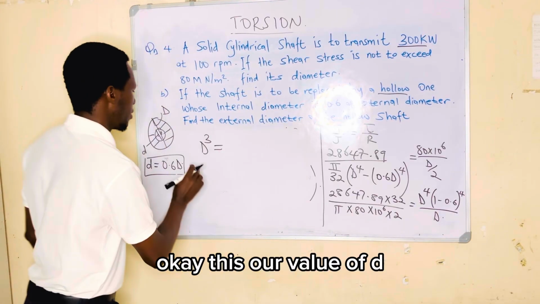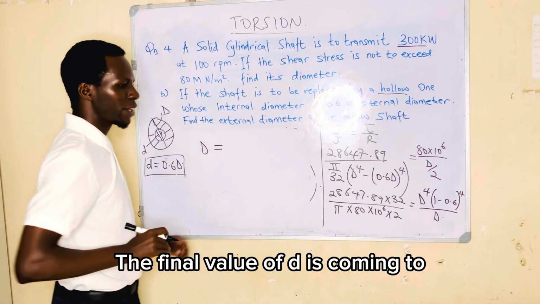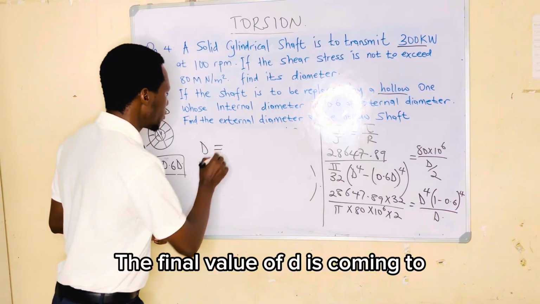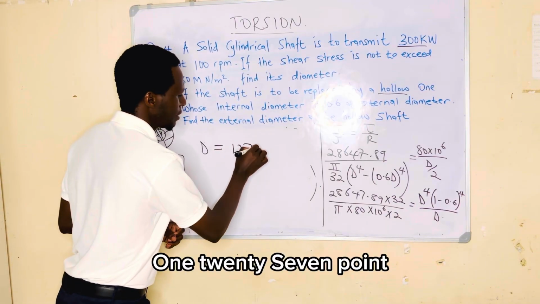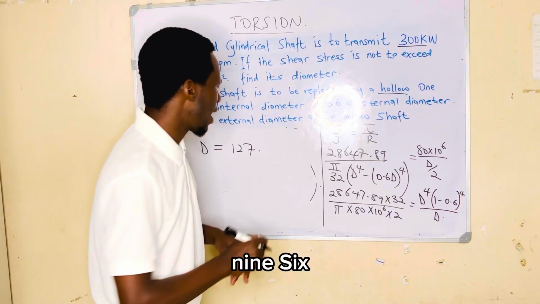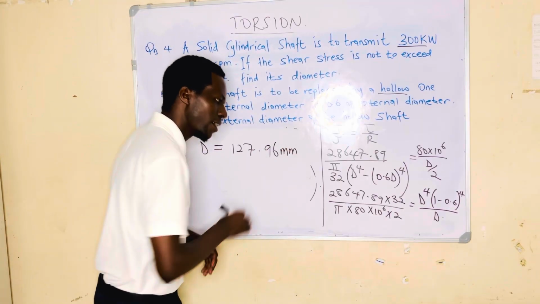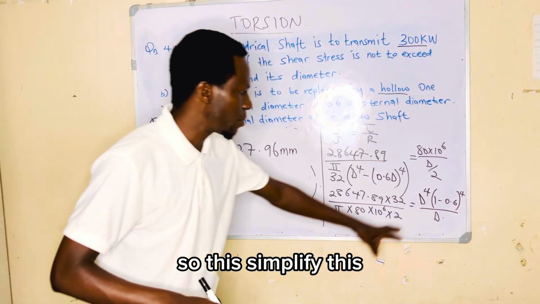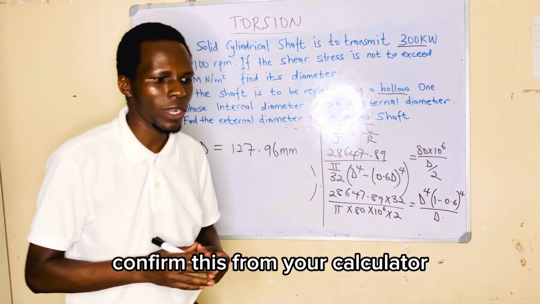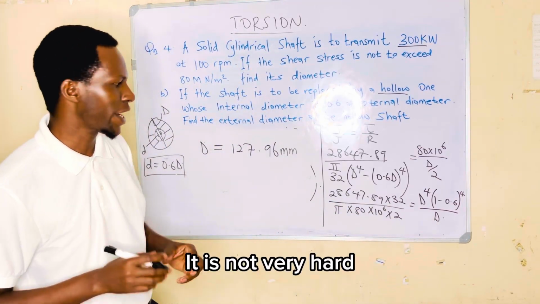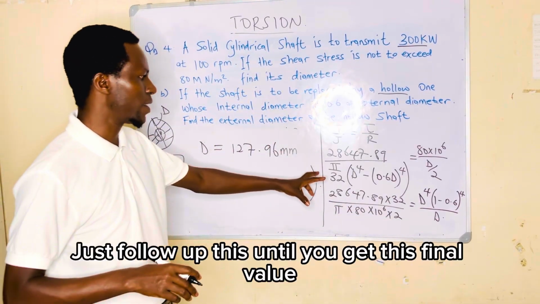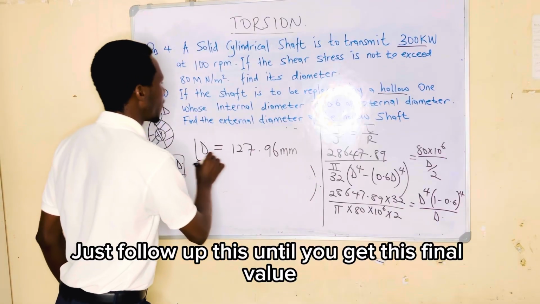The final value of D comes to 127.96 in millimeters. So simplify this and confirm it from your calculator. It is not very hard, very simple, just follow this until you get the final value.